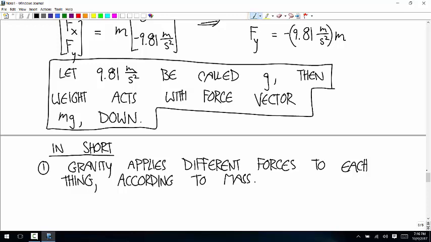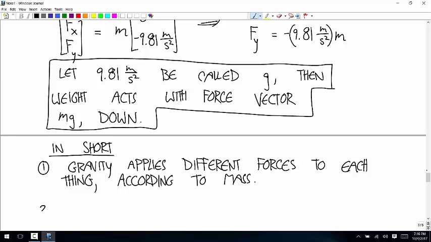So gravity pulls down with a bigger force on a car than it does on a book. Okay, gravity's applying different forces to things based on their mass.